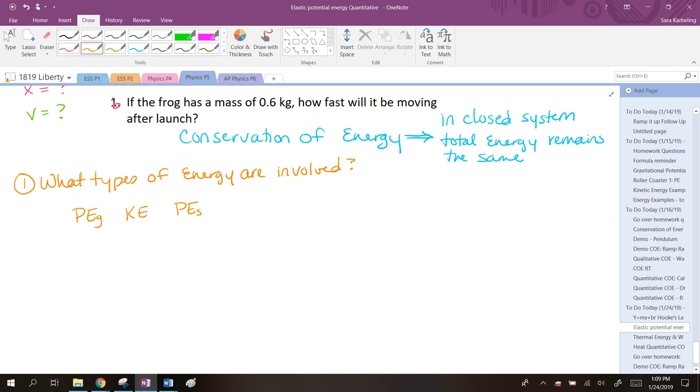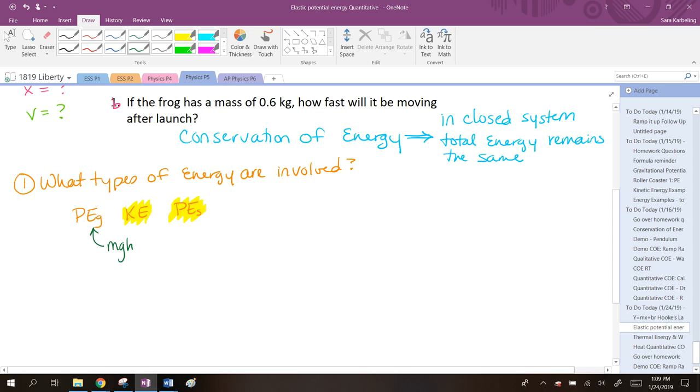Yeah. Potential. Which kind of potential? The one with the S. The one with the S, absolutely. So spring potential energy is involved. Kinetic energy is involved. Is gravitational potential energy involved? We don't need it to be involved. Remember, just a little friendly reminder, because it's been a little while, that gravitational potential energy is mgh.